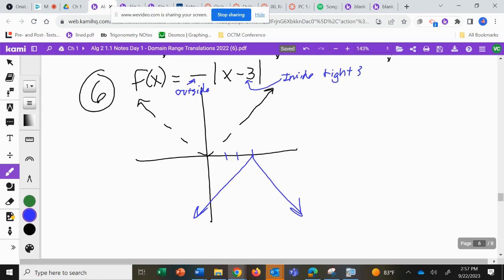So I moved it to the right 3 and I made it flip. Both. Yes. No, because you have to know what x is first, and then you have to take away 3 from that number. So if I had like 10 minus 3, it would be the absolute value of 7. So that doesn't make the 3 positive.